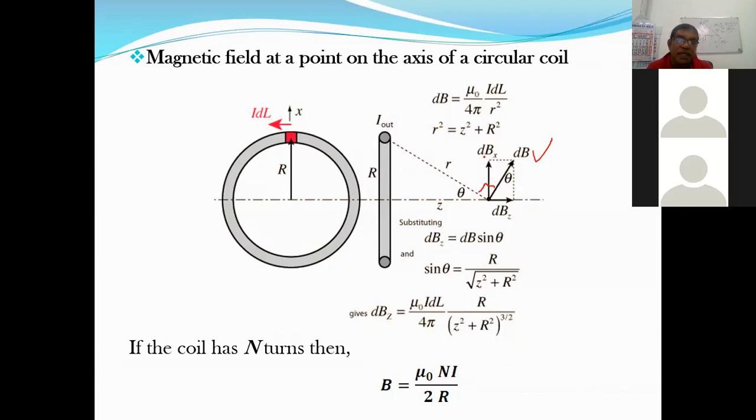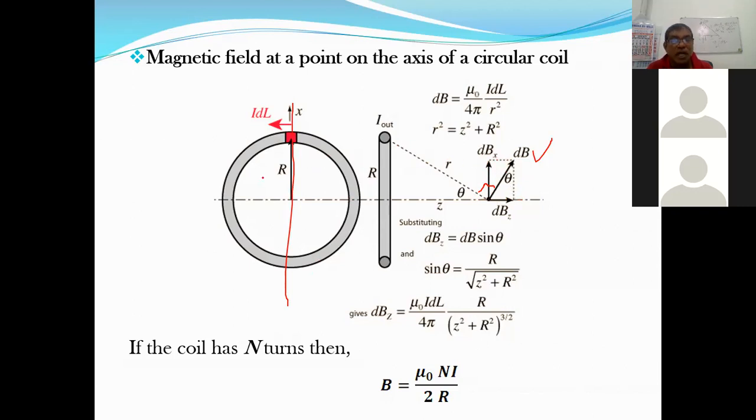So what will happen here? If I separate this into one part, this part we will have along the axis, that is okay, there's no change. But perpendicular to the axis, because of this part, it is in one direction.